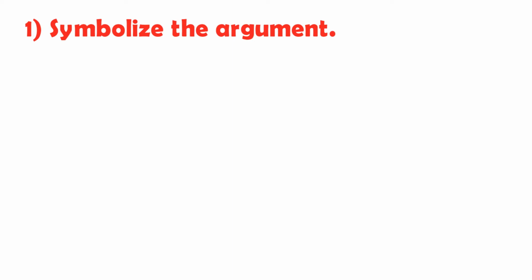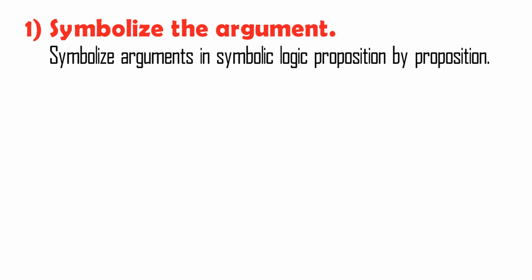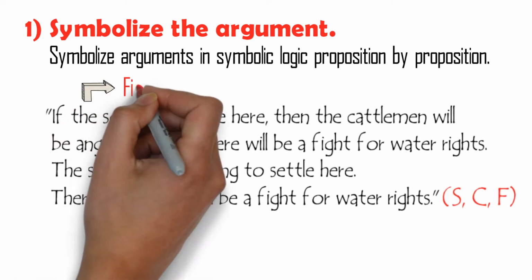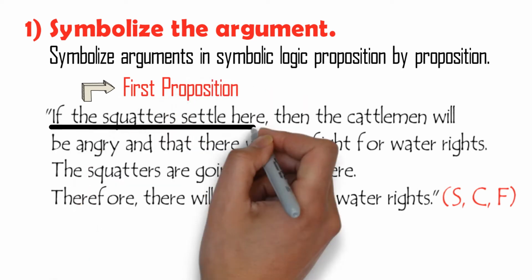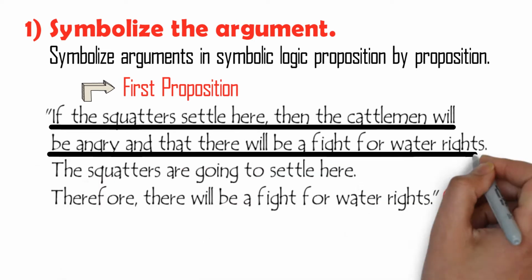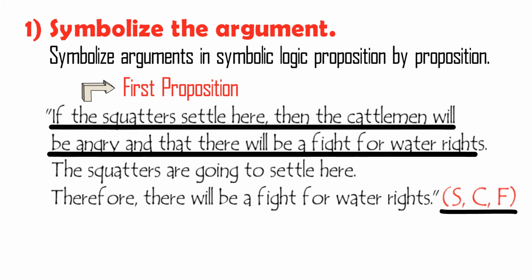Now, in symbolizing arguments in symbolic logic, we just need to apply the techniques that we employed in symbolizing propositions. Hence, we symbolize arguments in symbolic logic proposition by proposition or sentence by sentence. If we look back at the argument, the first proposition is, if the squatters settle here, then the cattleman will be angry and there will be a fight for water rights. And then we see the constants S, C, and F at the end of the argument.